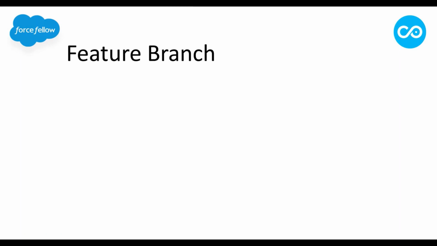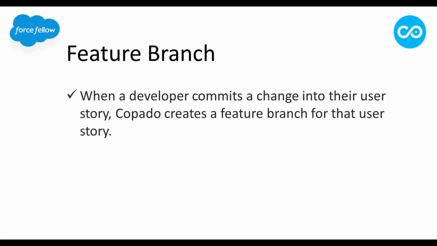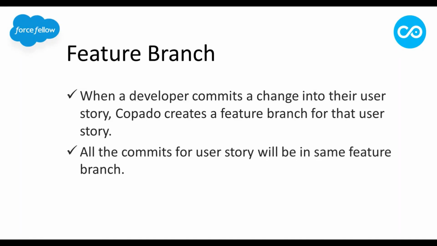Okay. So in this video, we have seen two new terms, feature branch and promotion branch. Let's discuss them. When we commit changes in a user story, Copado creates a feature branch for that user story, and all the subsequent commits for the user story will be in the same branch. Let's say you want to add more metadata after committing the first time for the same user story.